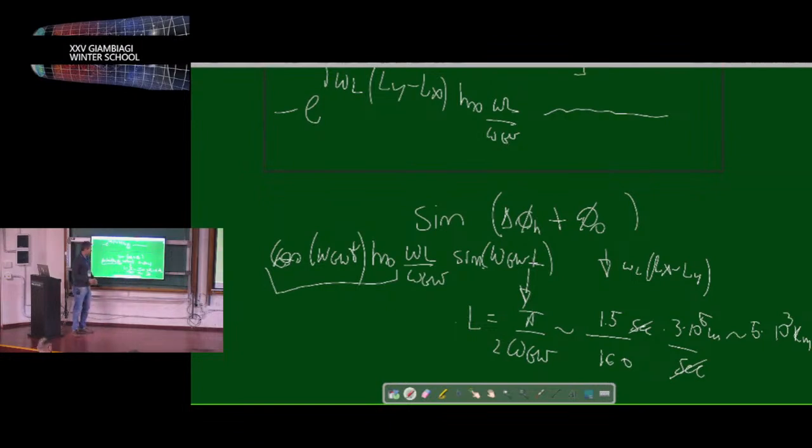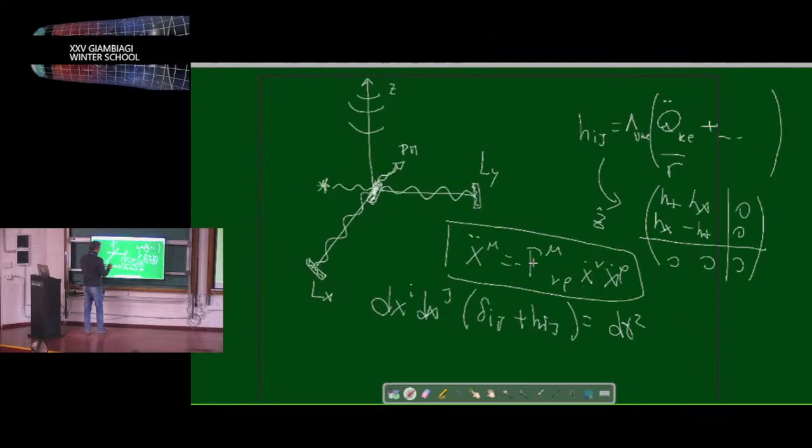So there is the experimental trick. The experimental trick is to put mirrors. The light doesn't go back and forth once, but there are mirrors that basically make the light go back and forth several hundred times.